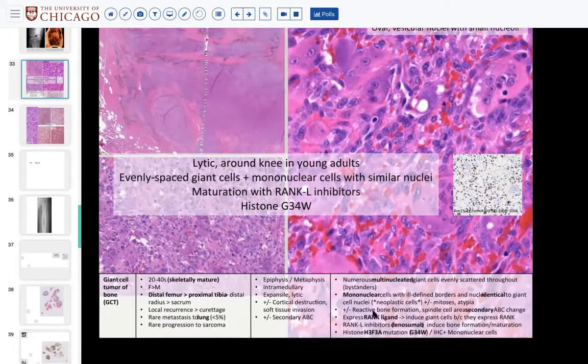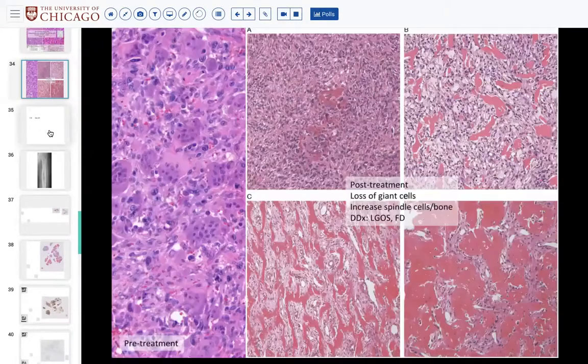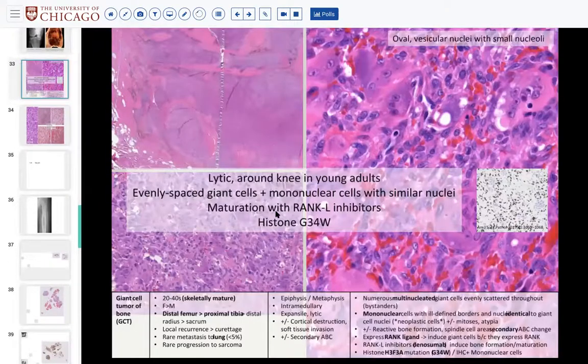They can be treated with RANK ligand inhibitors, i.e. denosumab. It's the RANK ligand interaction between the mononuclear cells and the giant cells that induces, or recruits, I should say, the giant cells.